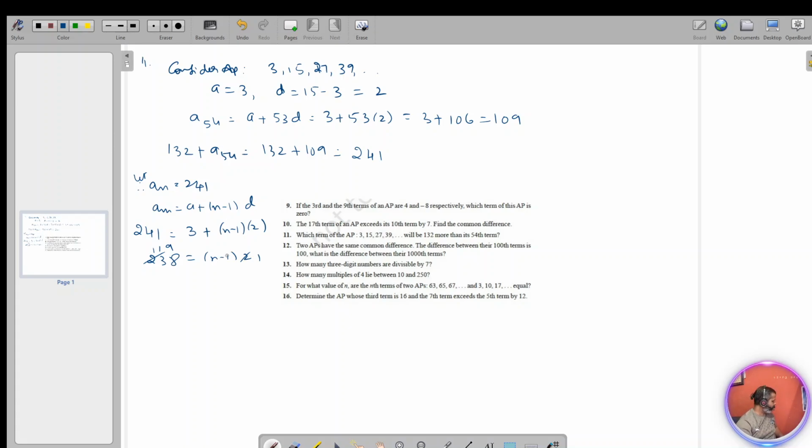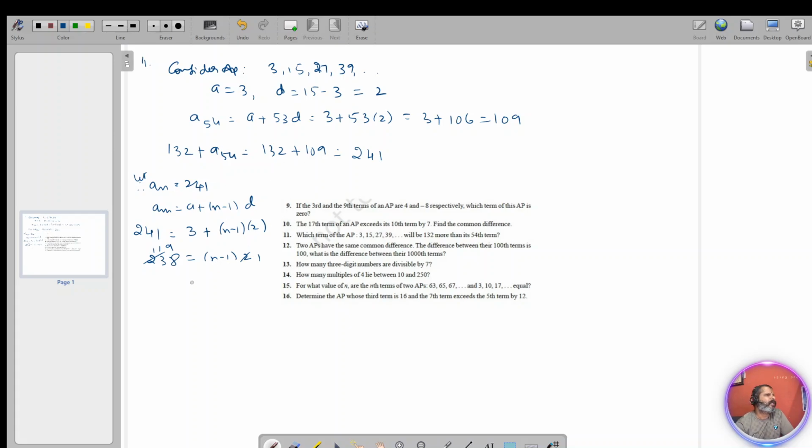Why so much of a value here? 241, 132 more than the 54th term. Okay. A cancels. d is what? 65. How will it come?